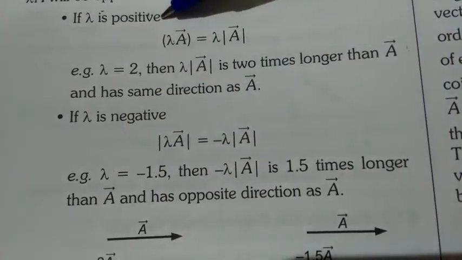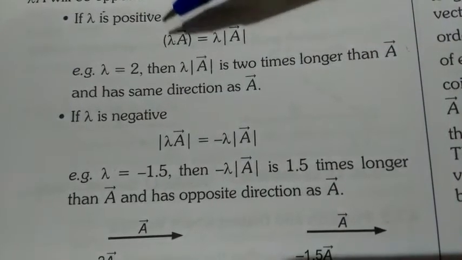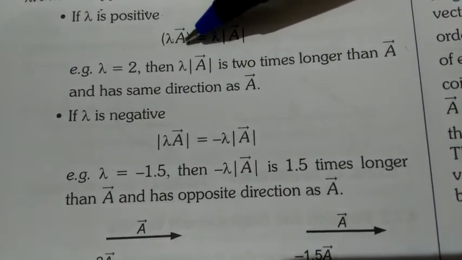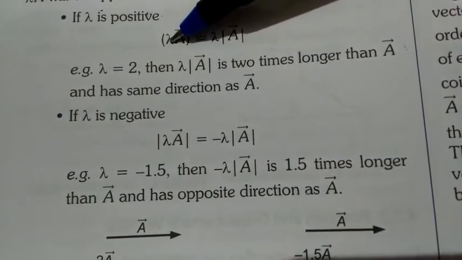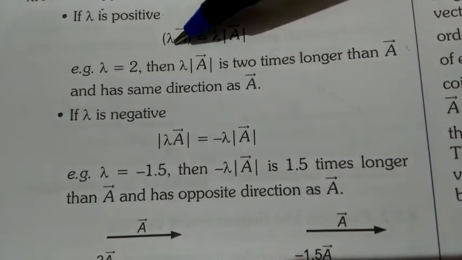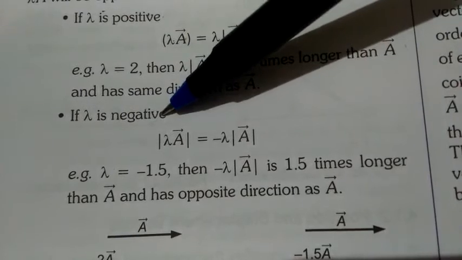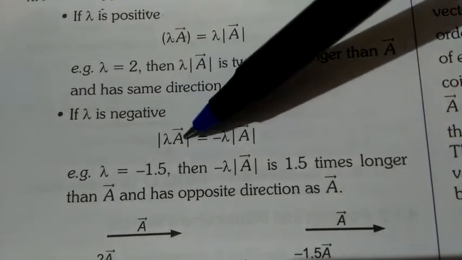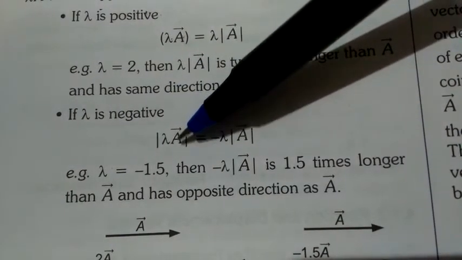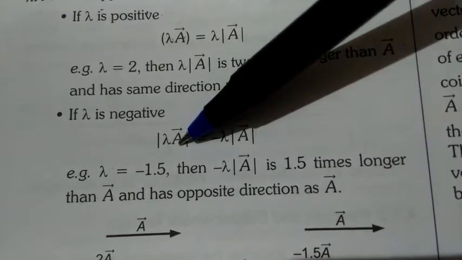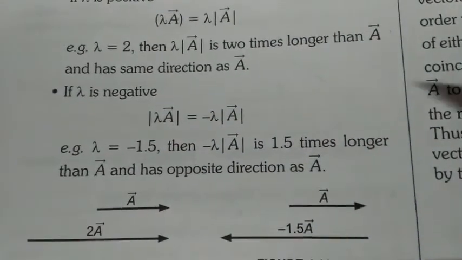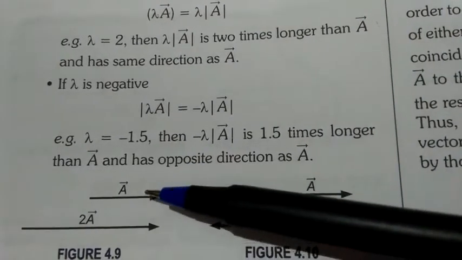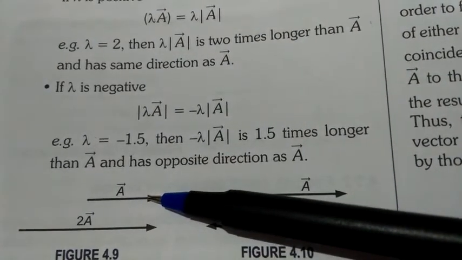Here, when lambda is positive and we multiply it with a vector, that vector becomes lambda times and the direction will be the same. But when lambda is negative and we multiply it with a vector, the vector becomes lambda times, but now its direction will change. Here you can see with the diagram. This is one vector a.